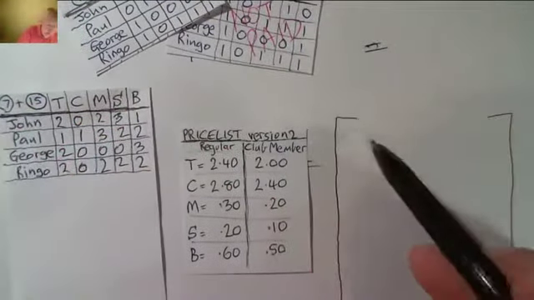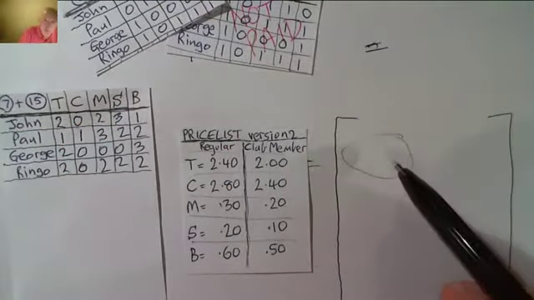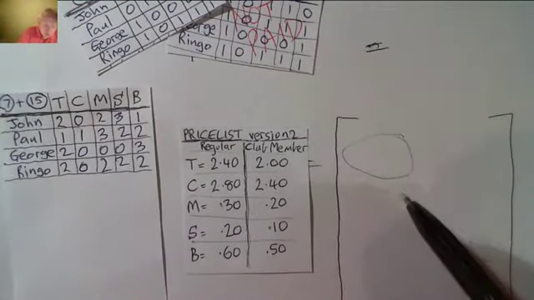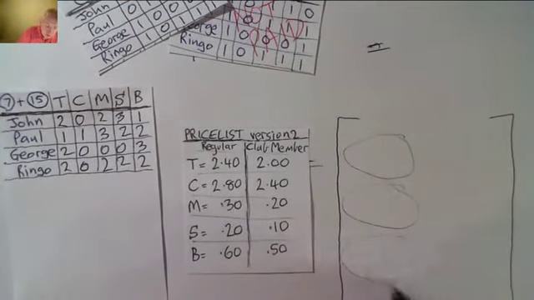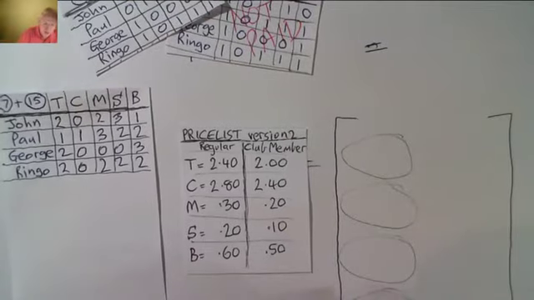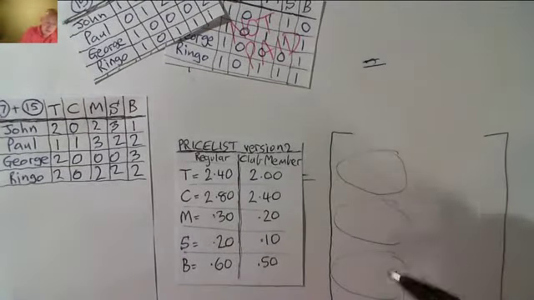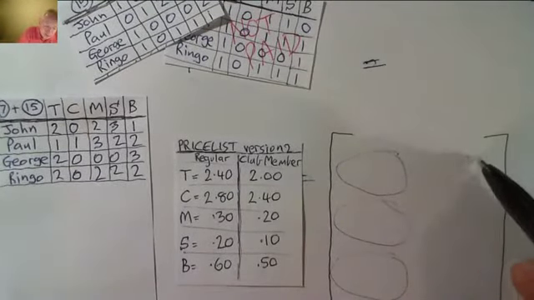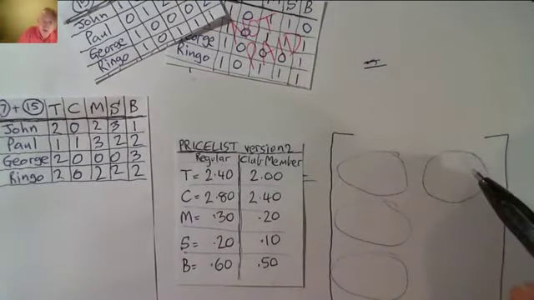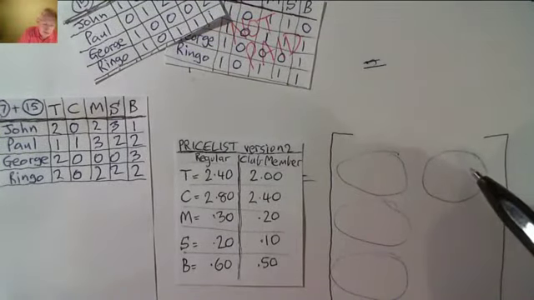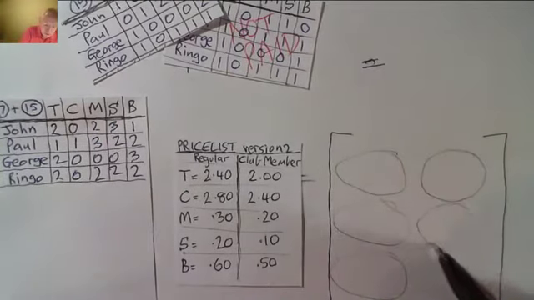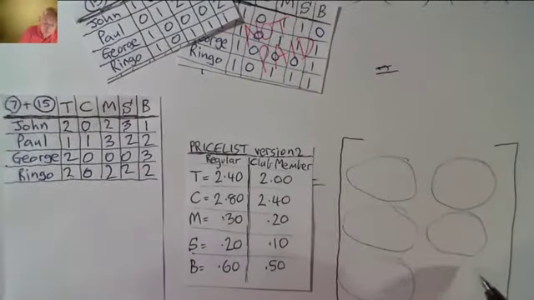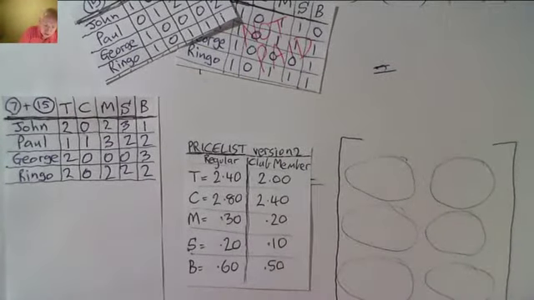Just like before, you're going to have an answer for what's the bill for John, what's the bill for Paul, what's the bill for George, what's the bill for Ringo. That's our regular bill, but next to that we're going to have another answer here for what's John's bill if he happens to be a club member, and what's Paul's bill if he happens to be a club member, and for George and for Ringo.